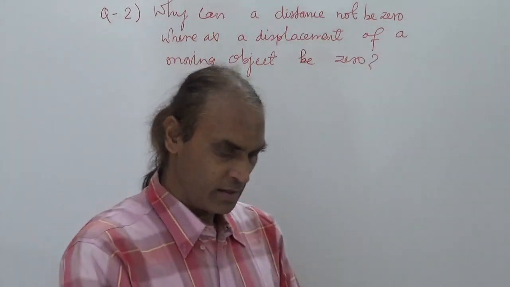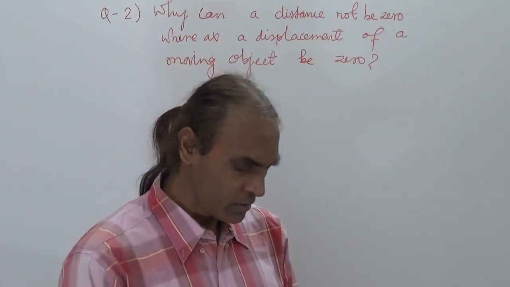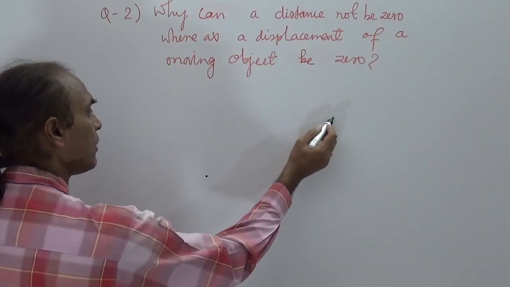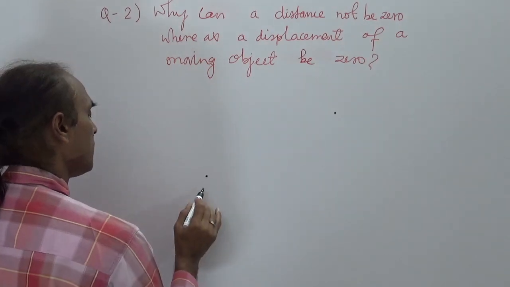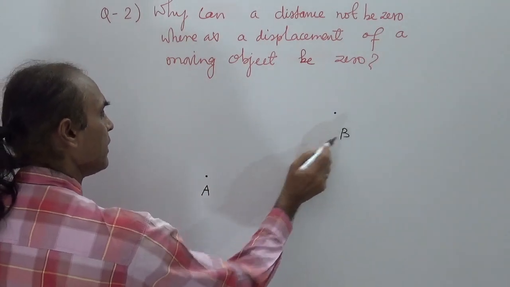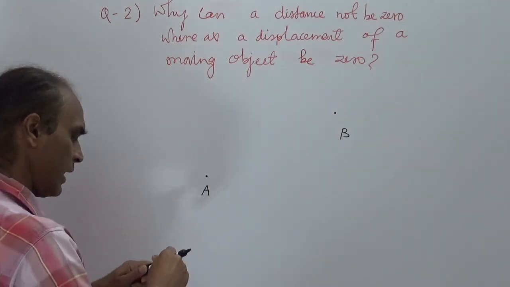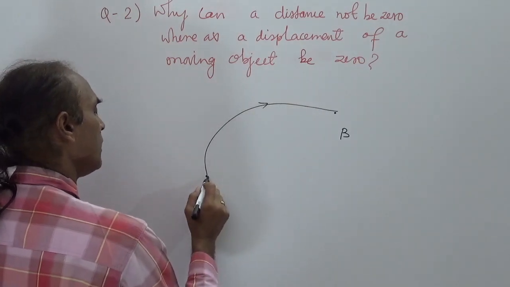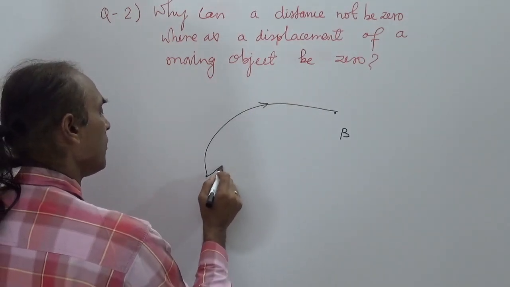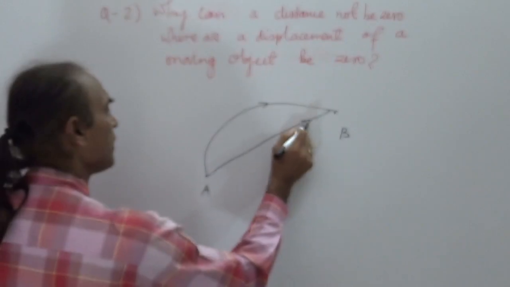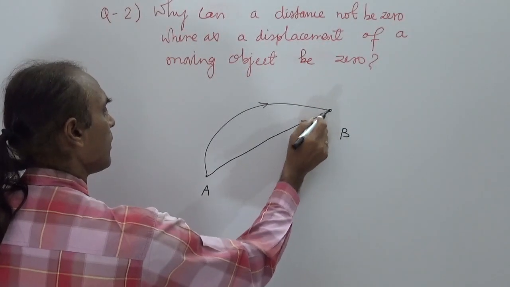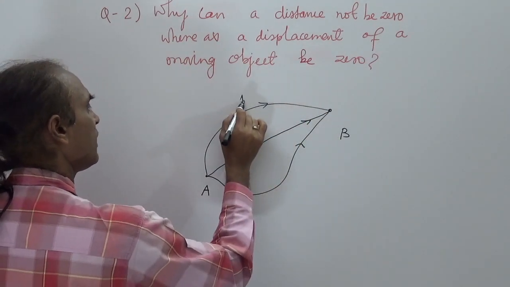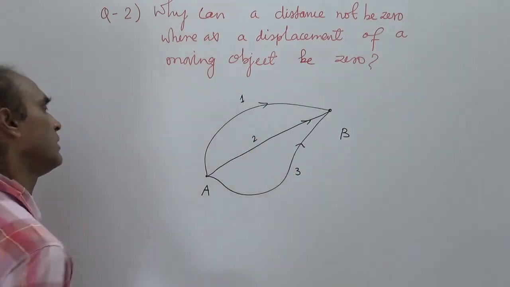For this, let me take a simple example. There are 2 points, point A and point B, starting point and ending point. You can move in many different paths: path 1, path 2, path 3.